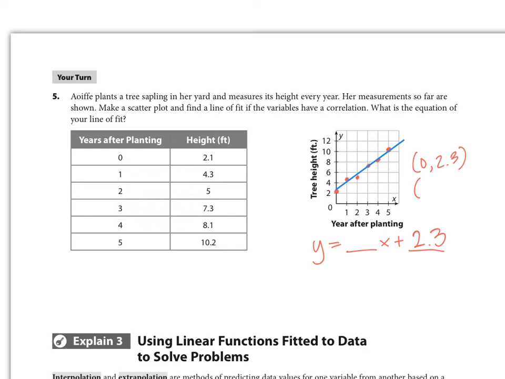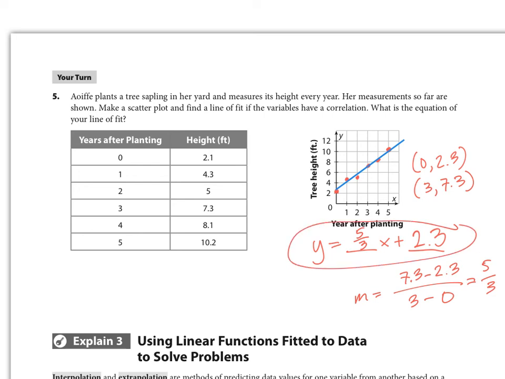So to find the slope, the rise is, oh, it actually gives me a nice one. 7.3 minus 2.3 is going to tell me my rise, and 3 minus 0 is going to tell me my run. So this ends up being 5 over 3. It gives me a pretty nice slope. So slope of 5 over 3, and I am done.